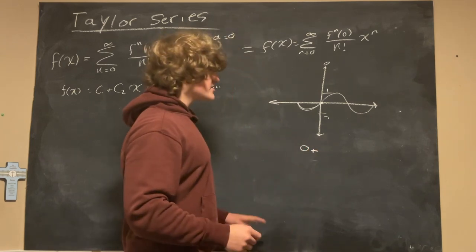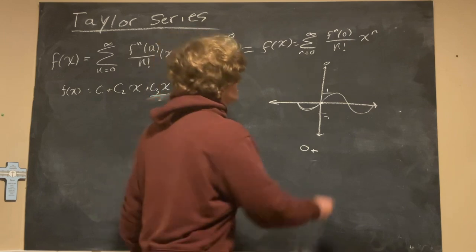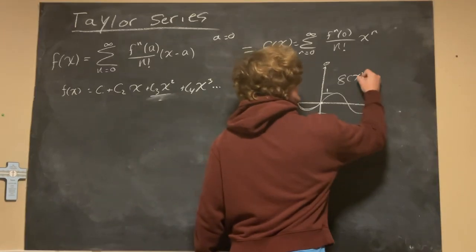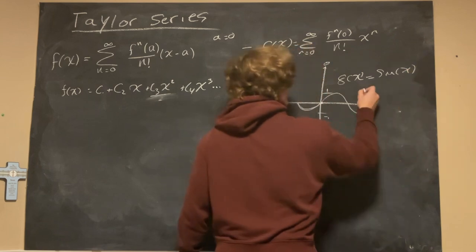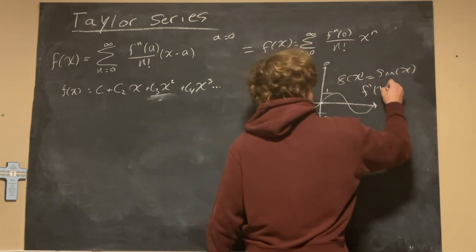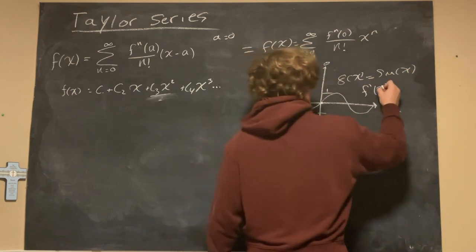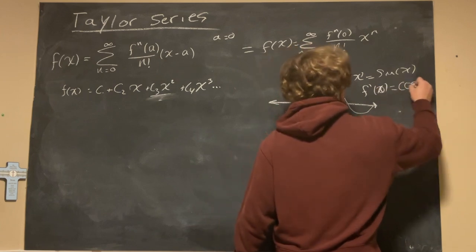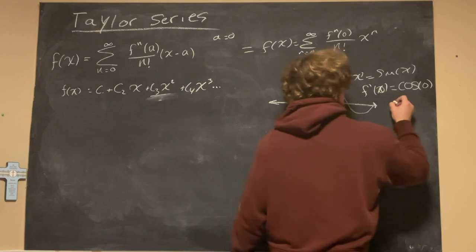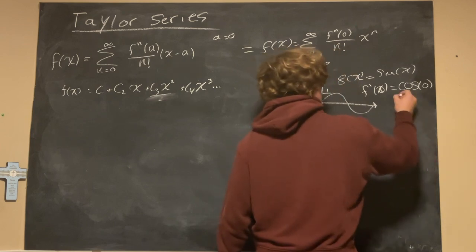Now, let's look at the derivative of our function. So f of x is equal to sine of x. So the f prime of x at point 0 is equal to the cosine, sorry about that, of 0. So the cosine of 0 is equal to 1.